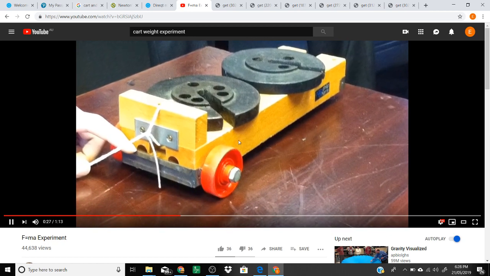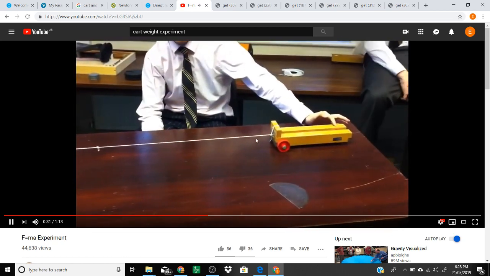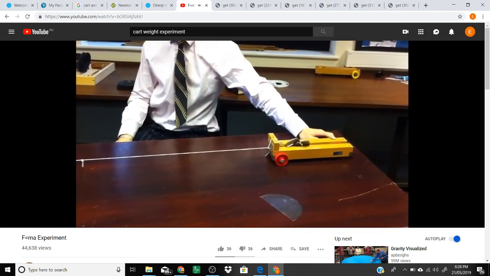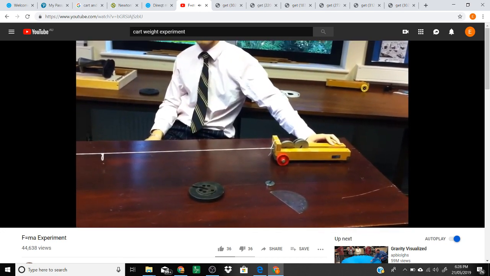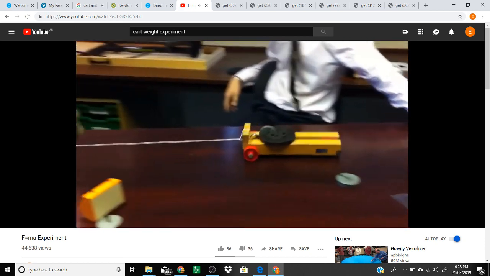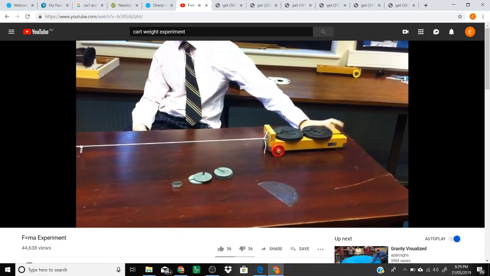And there's your cart. 2, 1, go. 2, 1, go. 2, 1, go. 2, 1, go. 2, 1, go.